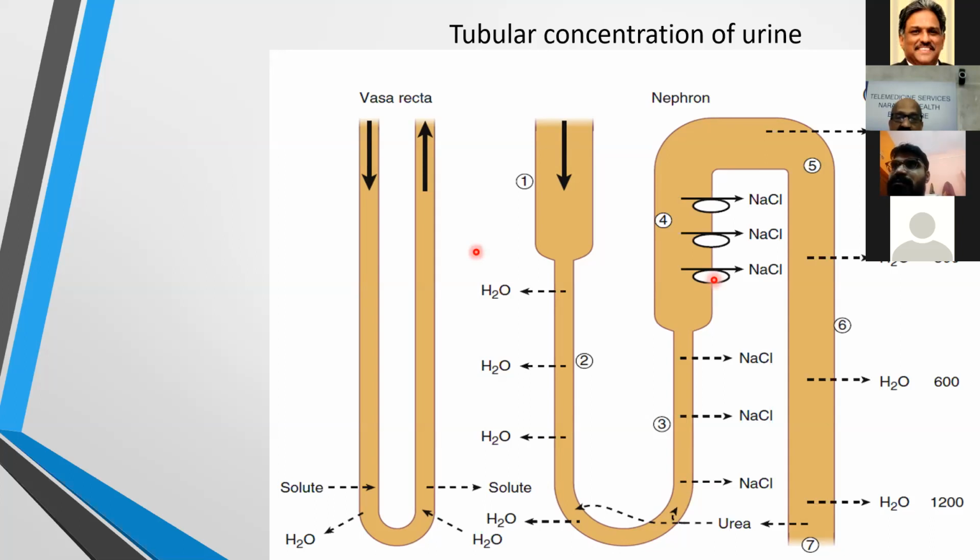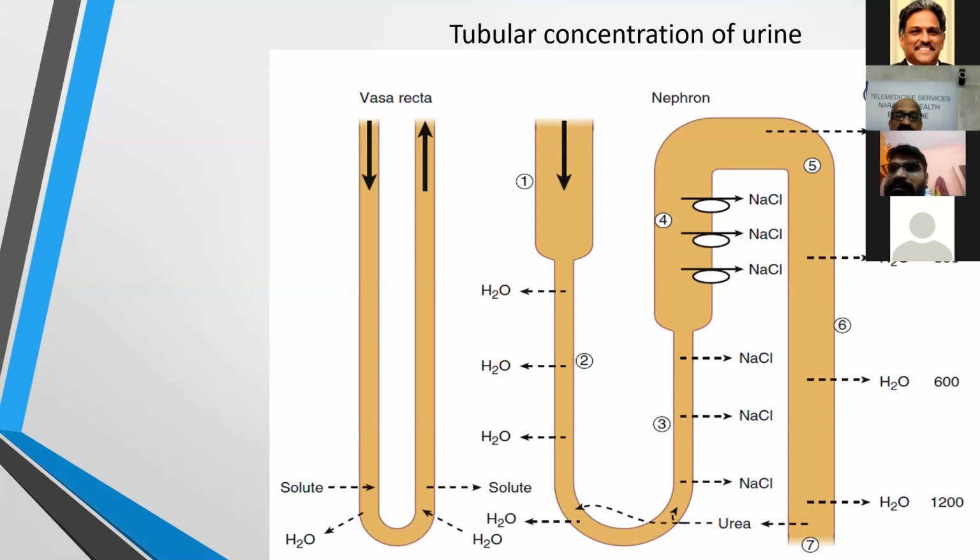And as we look at the osmolality of the interstitial fluid, the osmolality varies anywhere from 1200 to 300 with the location or the position of the point where you are checking the osmolality in terms of the nephron.